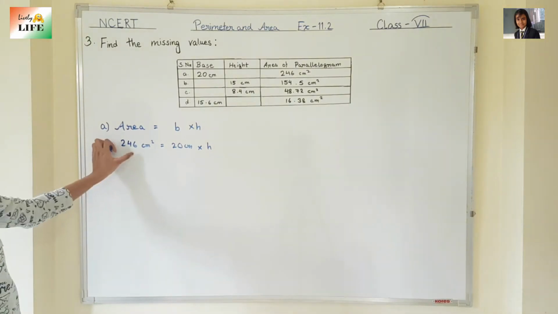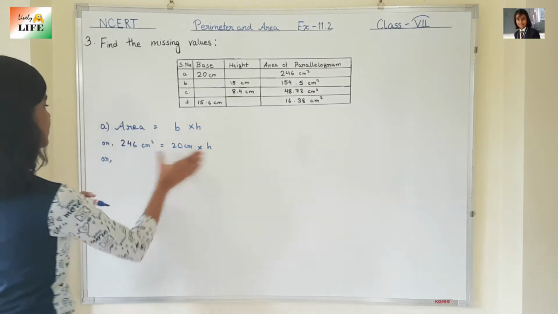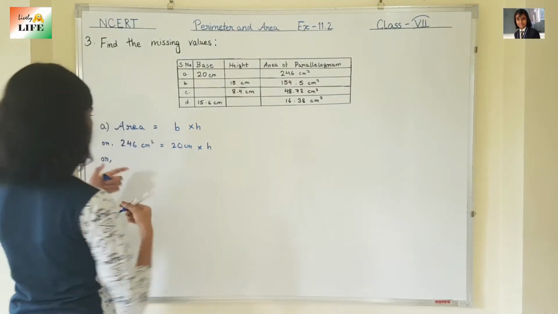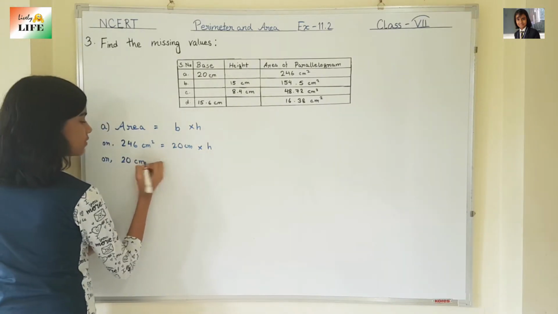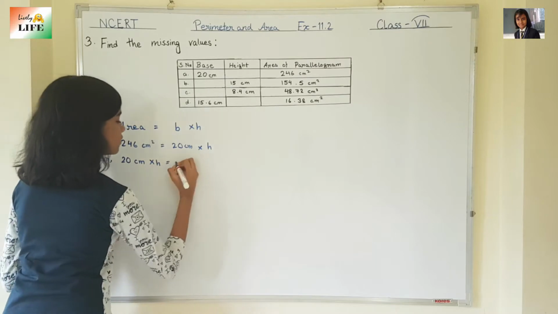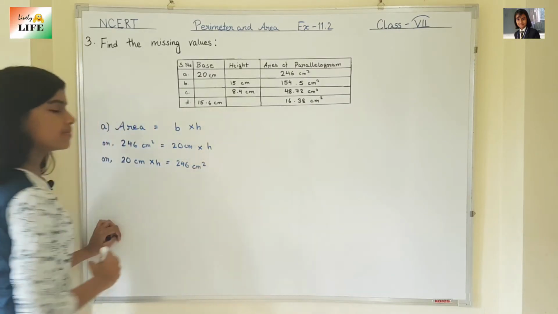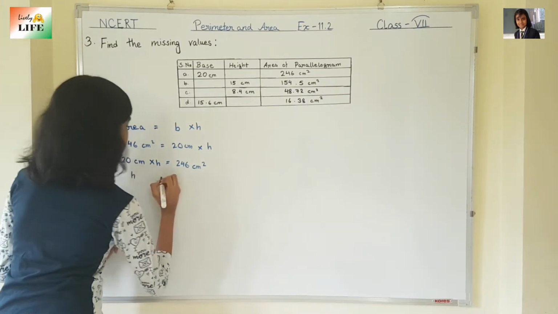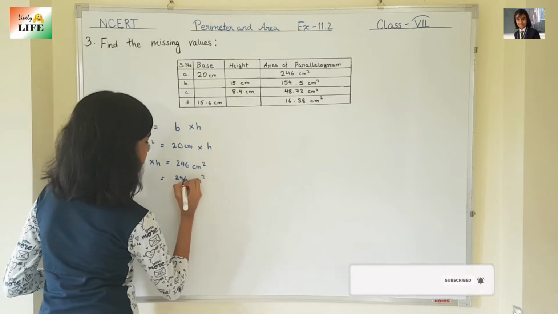Now we can write 246 centimeters square is equal to 20 centimeter into height. We can write this opposite way, right? Like 20 centimeters into height is equal to 246 centimeters square. Or we need to find height is equal to 246 centimeters square.